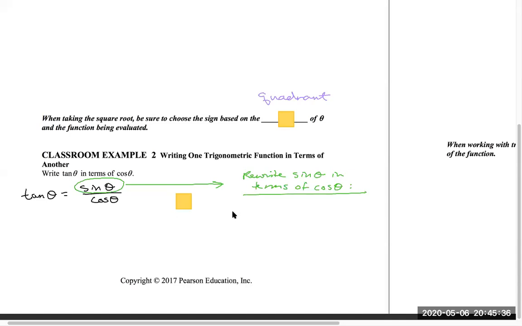So you have to go back and look at your equations and think, okay, well, which equation relates sine theta and cosine theta without any other trig functions involved? And that would be your Pythagorean identity. And we already did this isolation in the last problem.